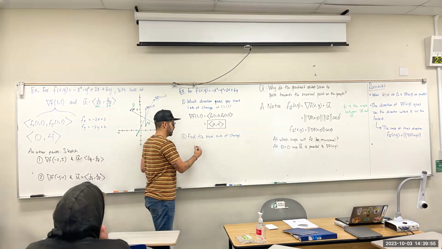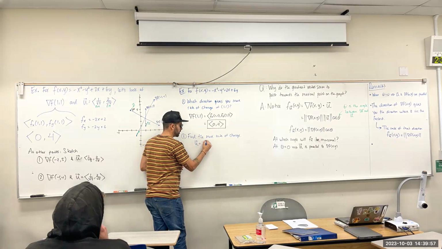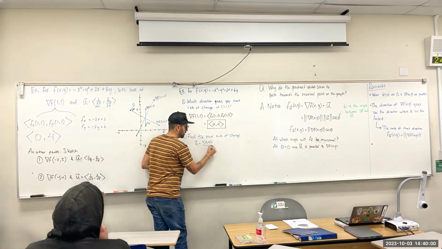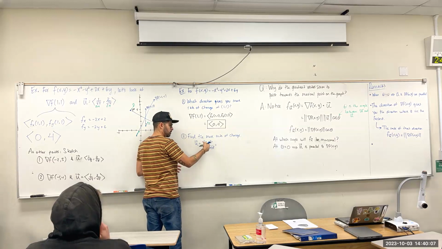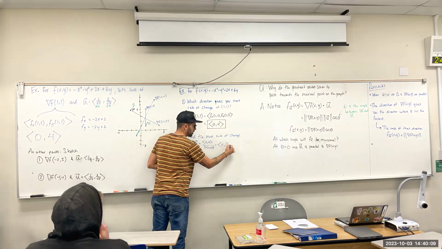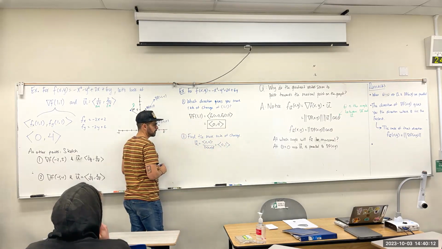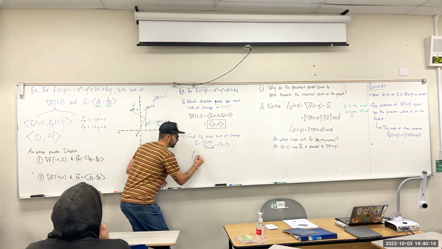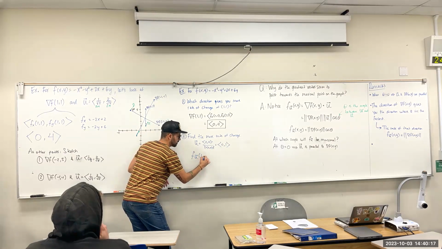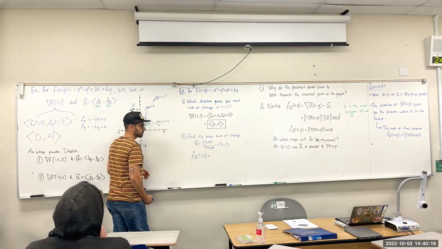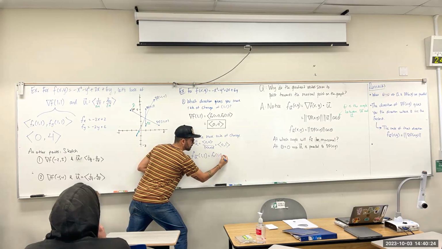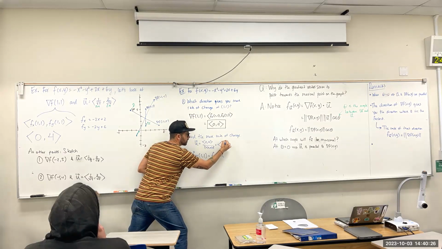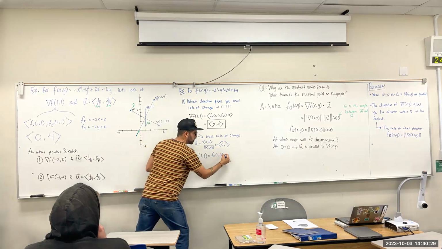So if I take u to be this vector and divide it by its magnitude, what's the magnitude of that? 4. So that just gives you the vector 0, 1, right? So if you find the directional derivative at that point, I'm going to show you this 2 ways. Plug it into the partials again. This is my A, this is my B, just like how you guys did earlier.